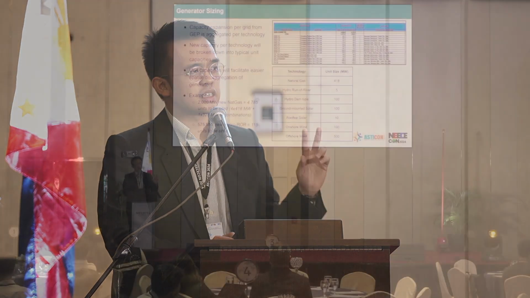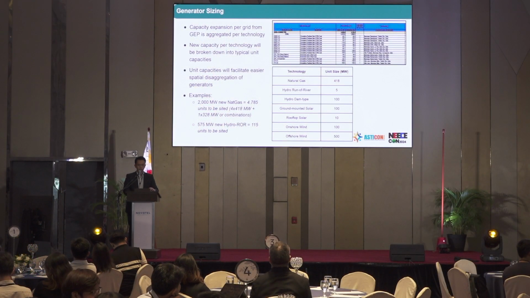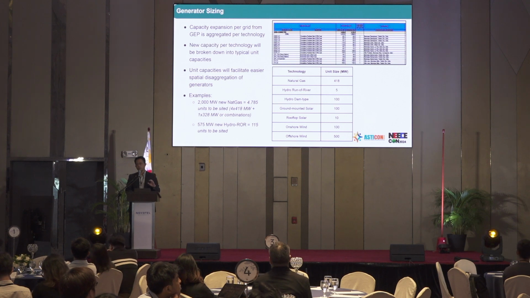Okay, so we start with sizing, because of course, as I mentioned, the capacity expansion plan is very large and it's hard to distribute. The capacity expansion plan is aggregated per technology, so we need to break it down to typical unit sizes. Okay? So unit capacities will facilitate easier disaggregation of the generators. So we have this list that we coordinated with DOE on what the typical unit sizes are.